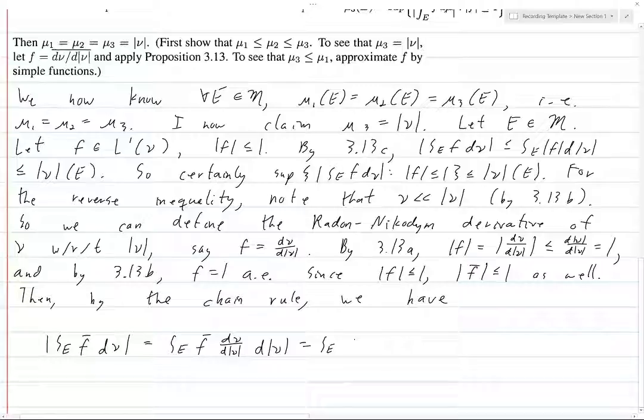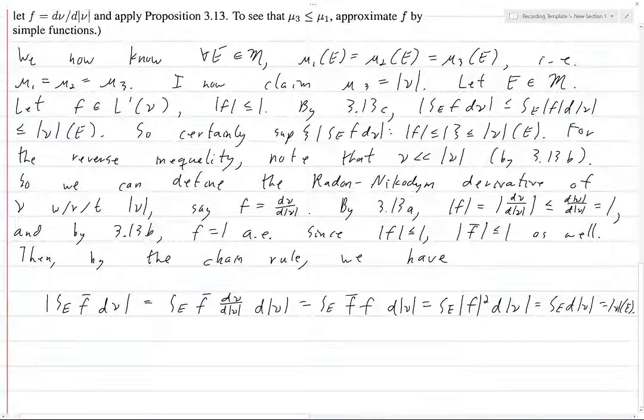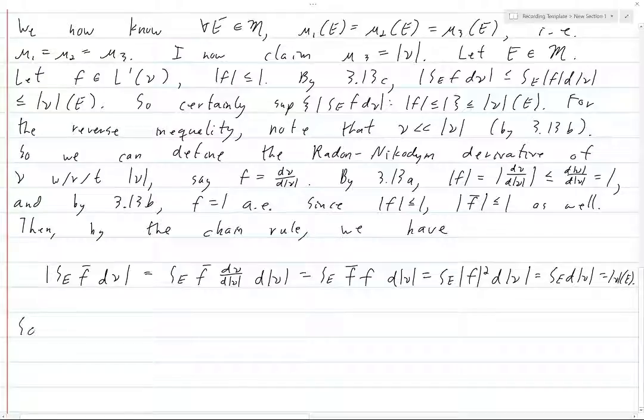The best way is to notice that this thing is f, so this is the integral of the absolute value of f squared d total variation of nu. Since f is equal to 1 almost everywhere, this is equal to the integral over e of d total variation of nu, which is the total variation of nu of e.